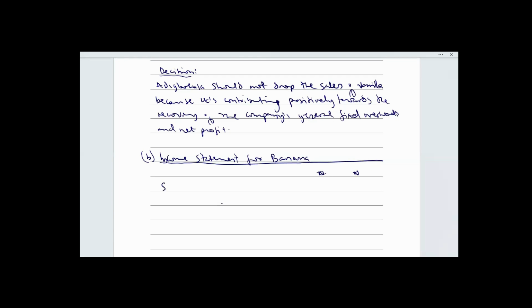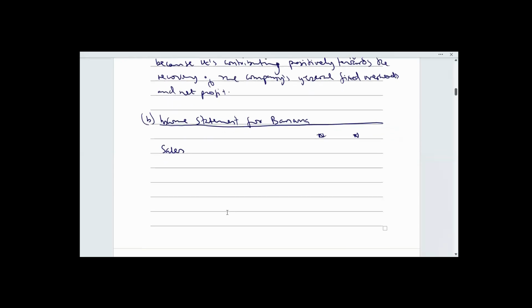However, you have been told that if the company switches resources to producing banana, the sales revenue would be 50,000 naira. You are told that the new ice cream banana will sell for 50,000 naira. So I will come here, 50.